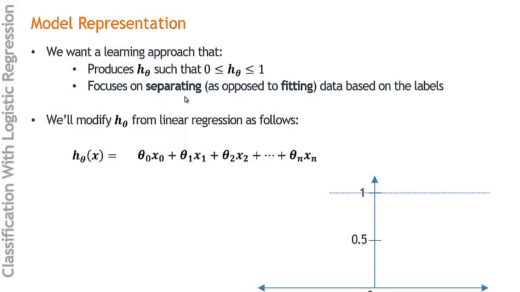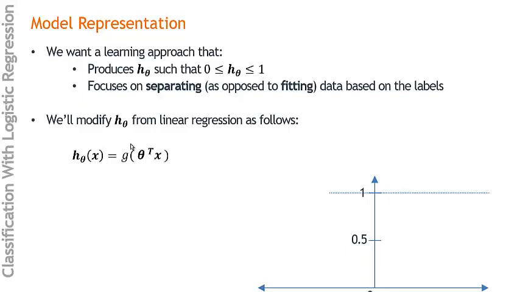All right, so let's see if we can construct a function h that takes values between 0 and 1. First of all, we can take some linear function as we had before. Of course, this is not going to be between 0 and 1. And we can write this in matrix vector notation as theta transpose times x, where theta and x are both considered as column vectors.